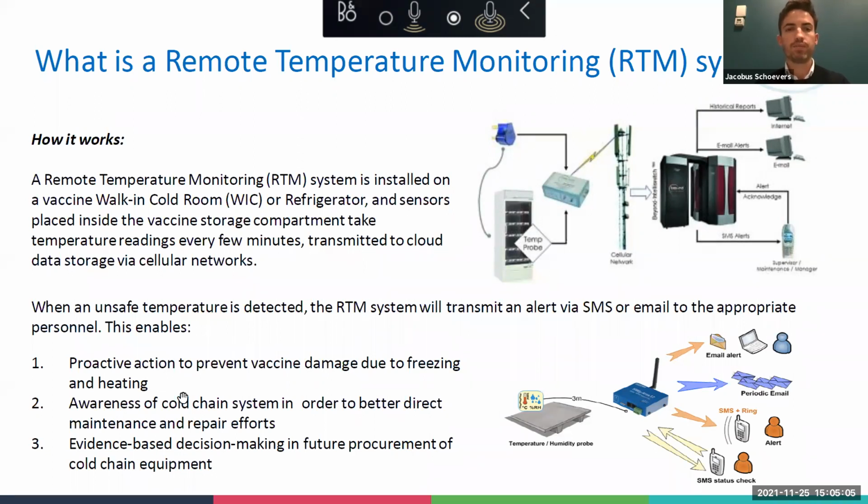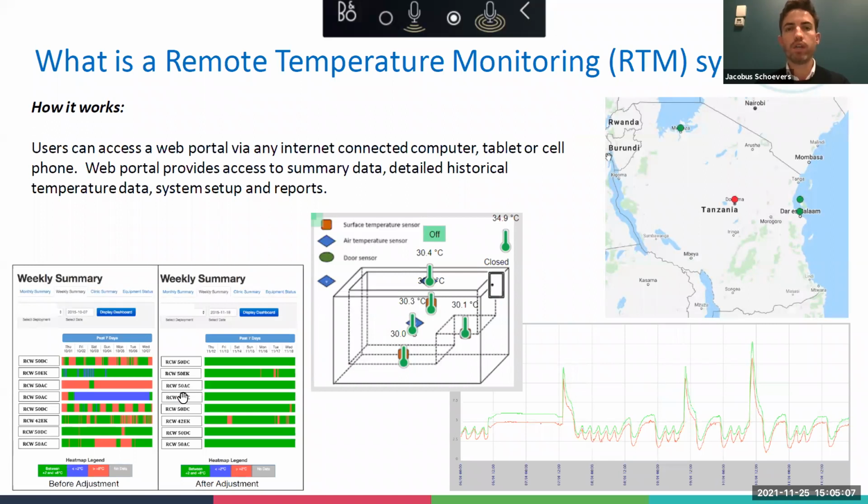As I already said, with these remote temperature monitoring systems, you typically get a dashboard where, at a central level, you can easily review the data that is coming in from all over the region where these devices are installed. For instance, at the top right-hand of the screen here is just some fictional data from Tanzania.